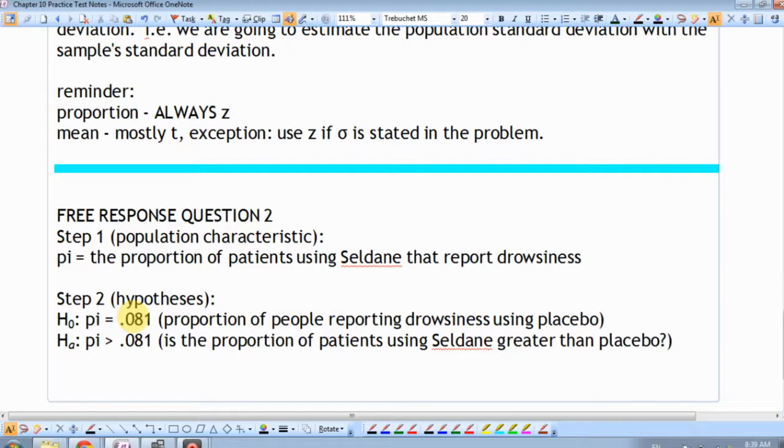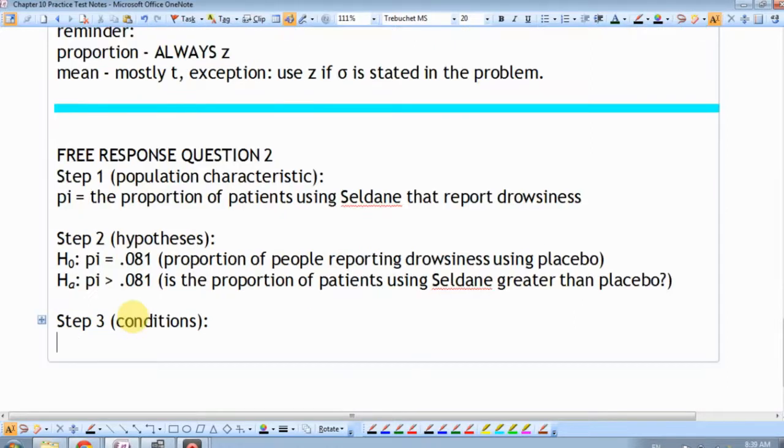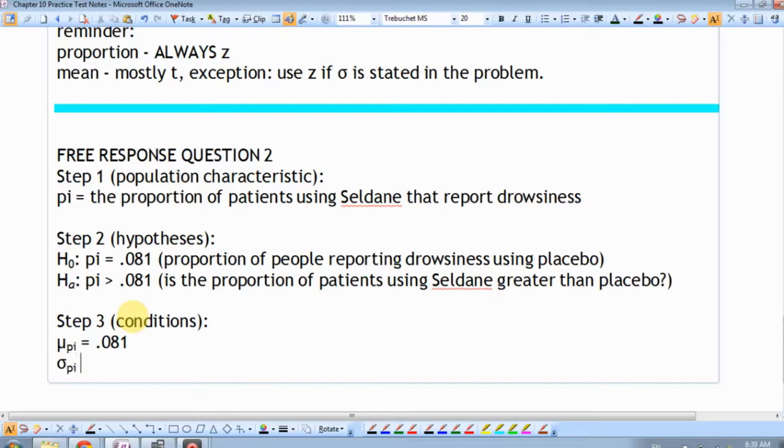Step 3 is our conditions, right? Okay, the first condition is, well, what is mu pi? .081. What is sigma pi? Well, that's the square root of 0.081 times 0.919 divided by our sample size.